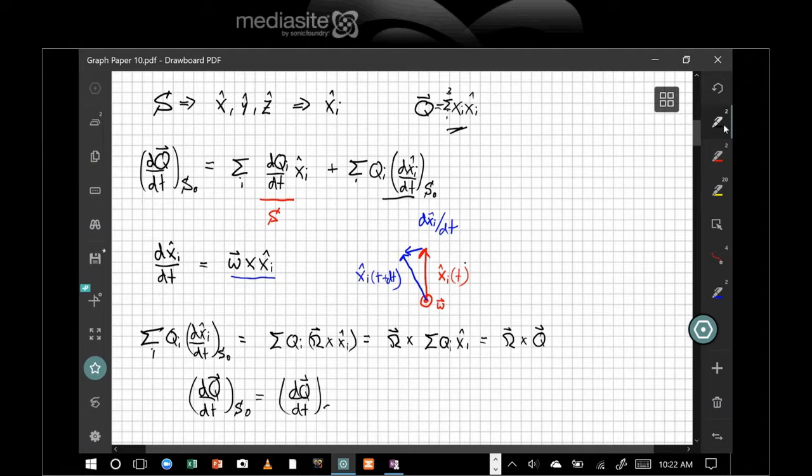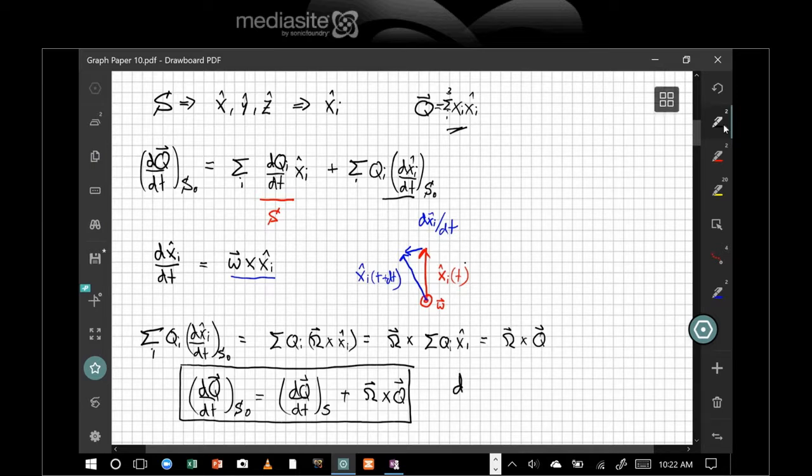So what I've shown is that dq dt in the S naught frame is equal to dq dt in the S frame plus Omega cross q.